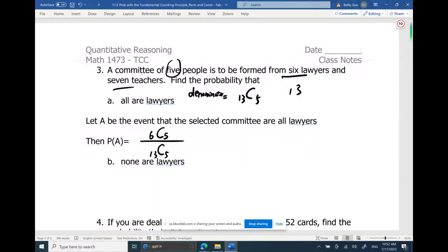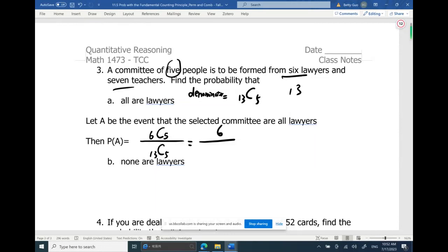C(6,5) or C(5,6), that many outcomes favor A occurring. That is that many ways to make the result A happen. Just select the 5 lawyers from the 6 lawyers to form a committee, right? Okay, let's calculate. C(6,5) is the same as C(6,1), so it's just 6.